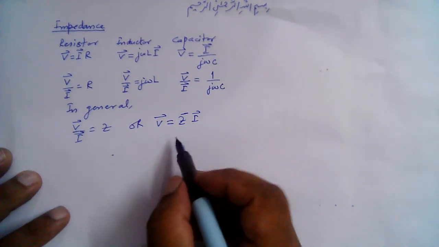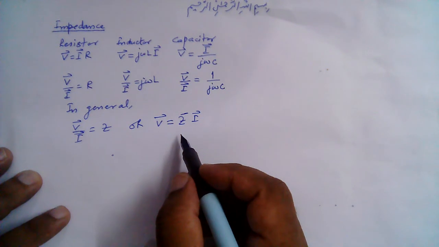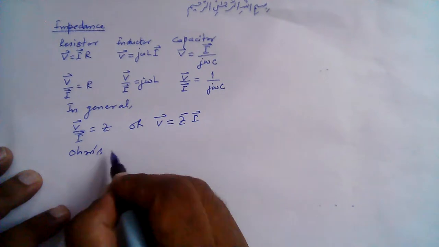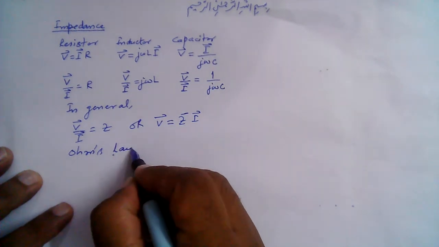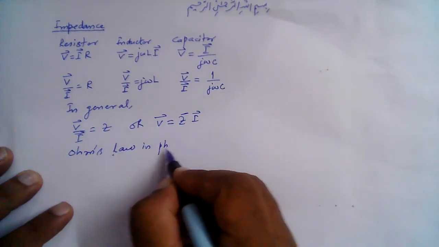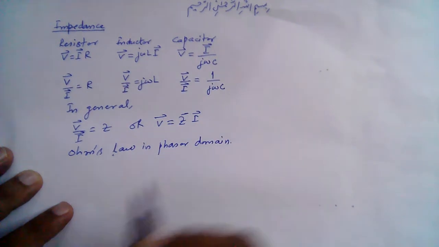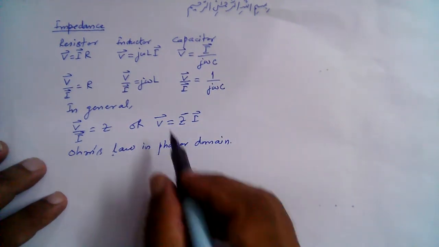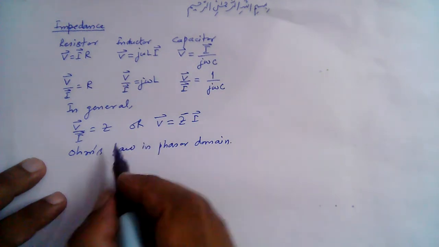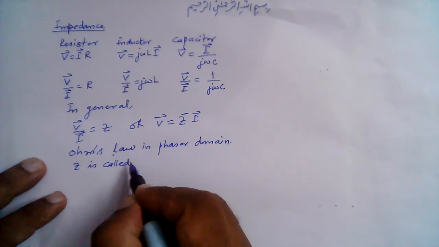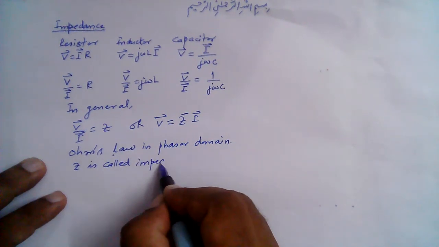This is said to be Ohm's law in the phasor domain. This Z here is called impedance.